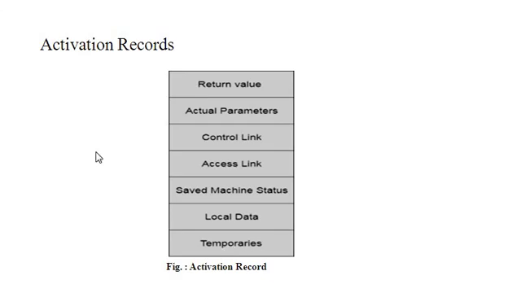So first, what is an activation record? It is a data structure containing the important state information for a particular instance of a function call. It may exist entirely in memory or it may be partially stored in registers.